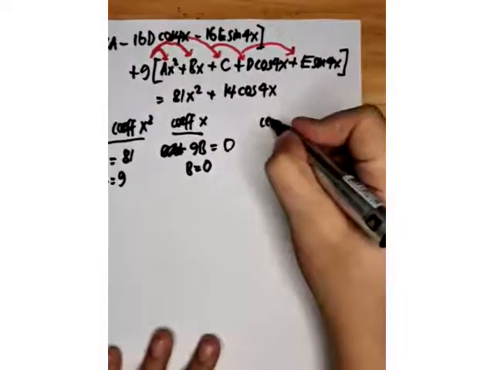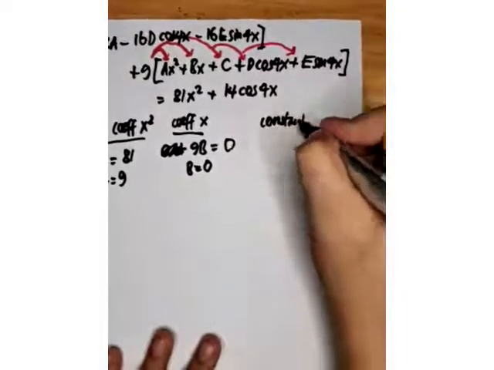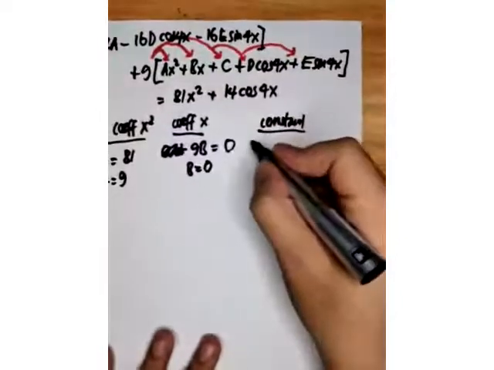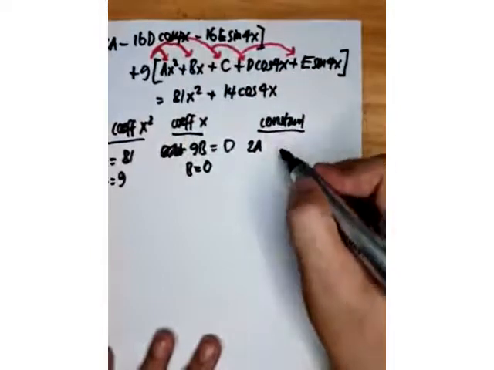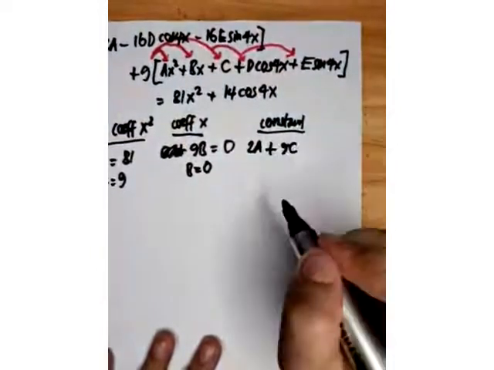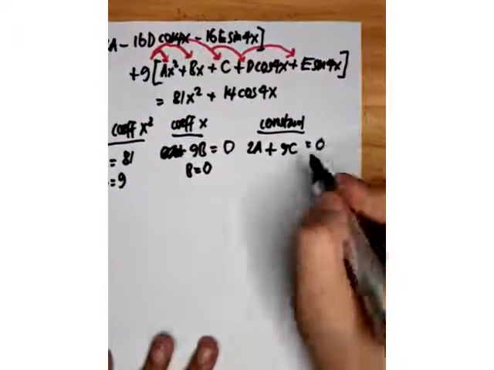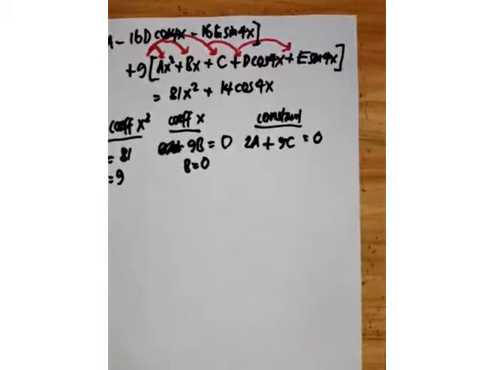Next, so we have constant. So we have 2a plus 9c is equal to 0. Tama ba?